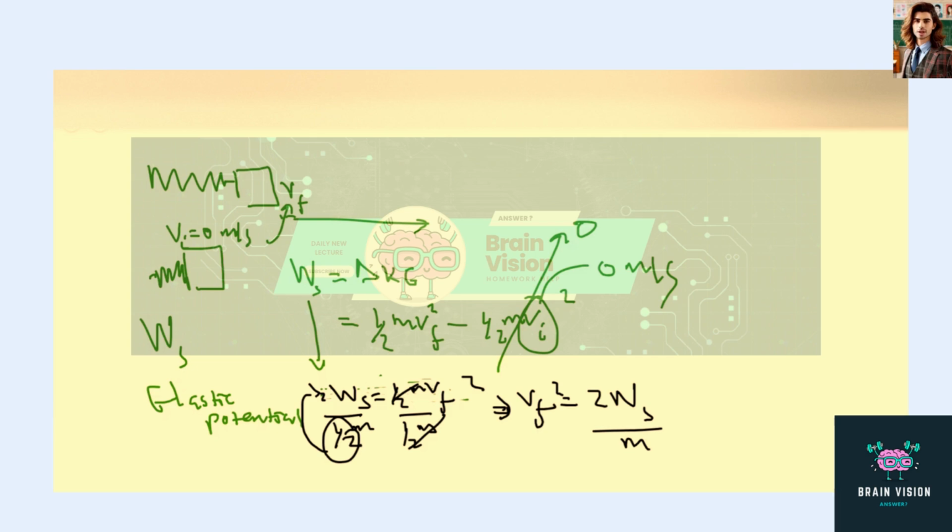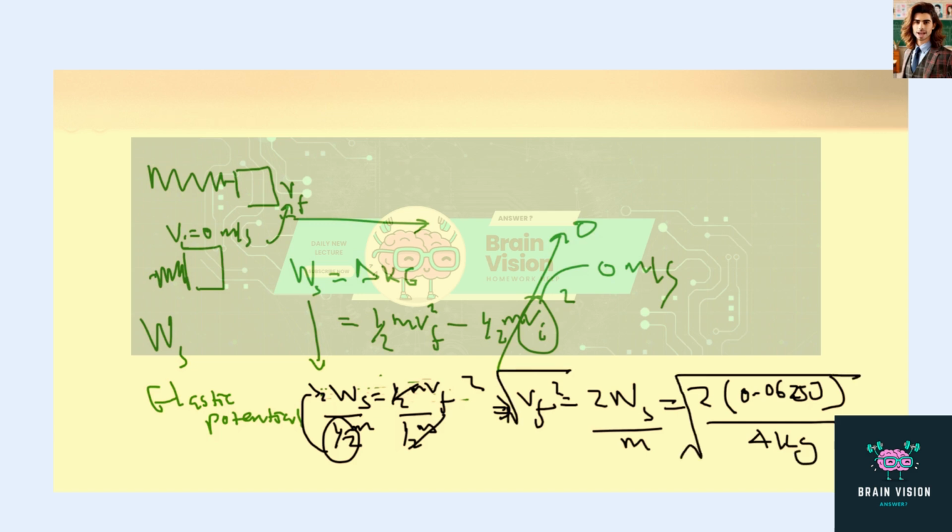This is 2 times 0.0625 joules, divided by the mass, which is 4 kilograms. And we have to get the square root of that because this is the final velocity squared.